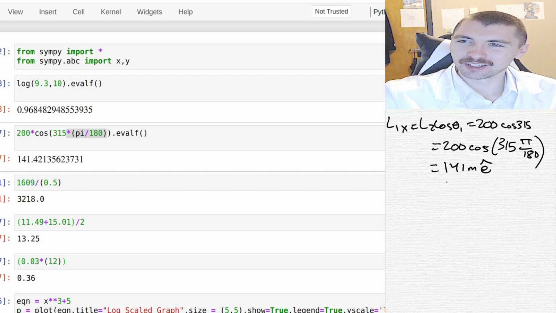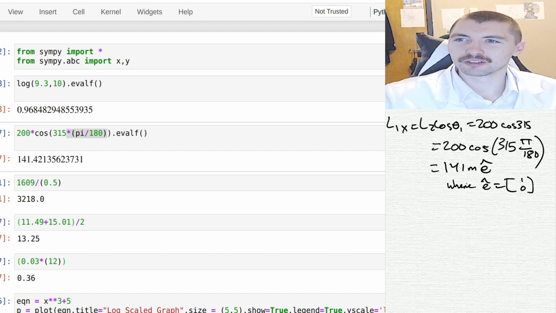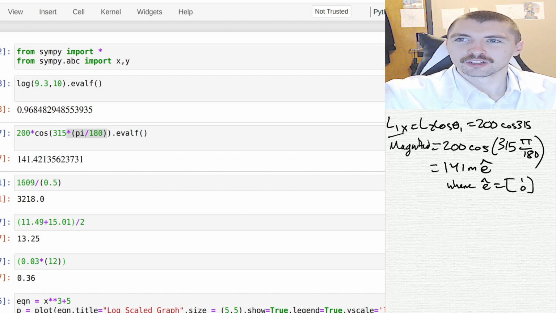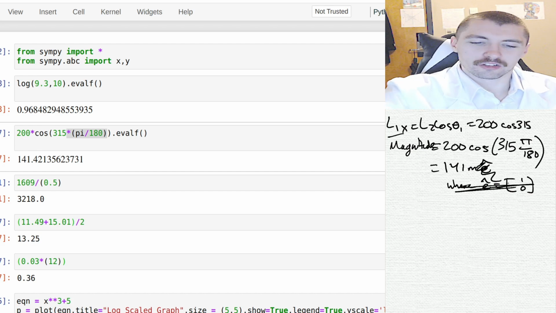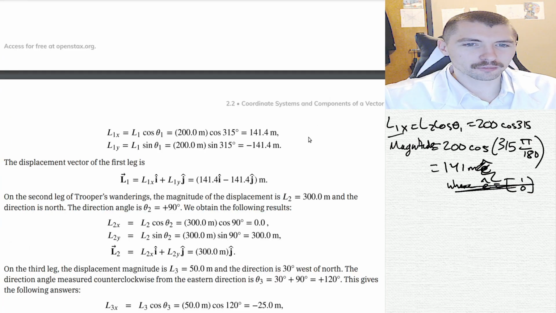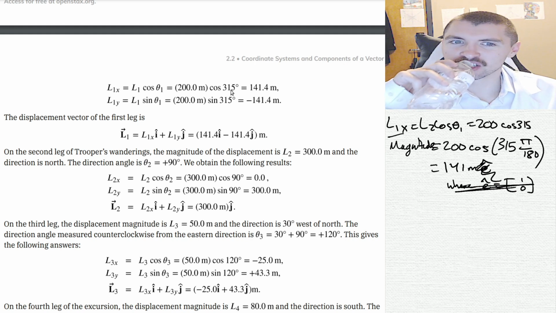E hat, where E hat equals (1, 0). It's not necessary, but you really want to be specific because vectors have a direction and a magnitude. I guess this isn't a vector either. This is the magnitude. So you don't actually need this either. Okay, so it makes sense. Again, the book, you just have to be careful with the radians.